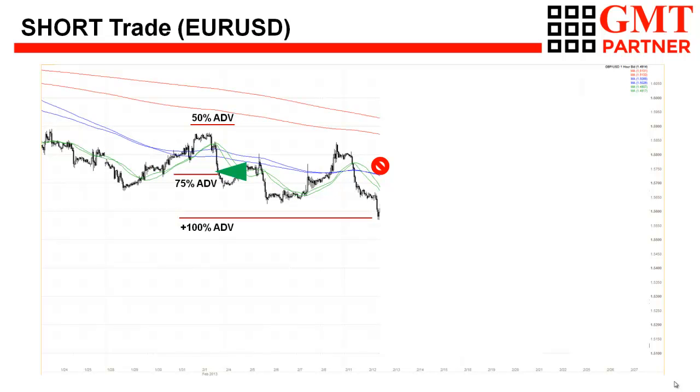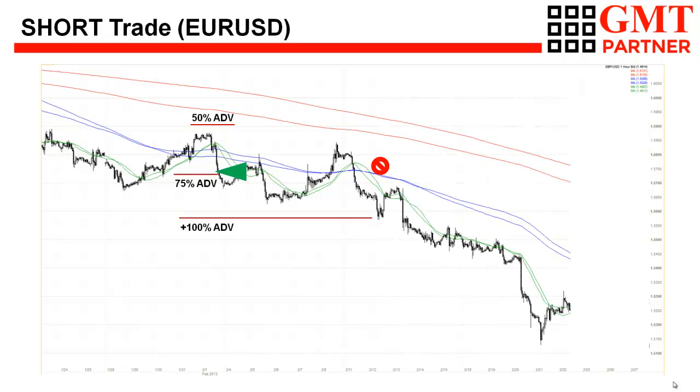If the price continues to move in the favorable direction, a fixed stop loss order must be changed into a trailing stop. Until the position is closed, the trailing stop attached to the position should be located at the price level which is 100% of ADV away from the extreme point reached by the market.